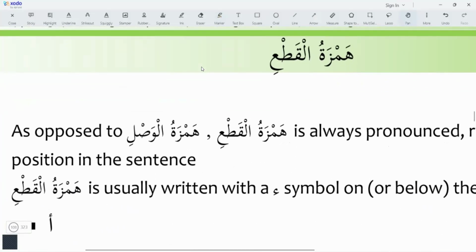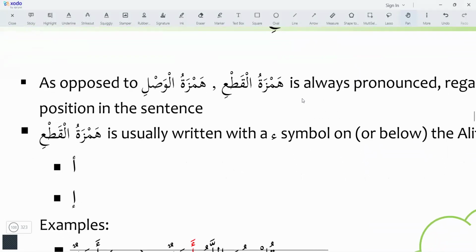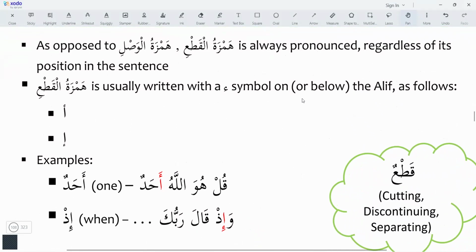Then Hamzatul Qat'i. As opposite to Hamzatul Wasal. Hamzatul Qat'i is opposite to Hamzatul Wasal.